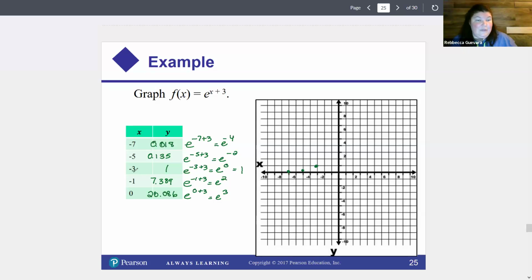Then -1 is going to be about 7 1/3. Then 0 is going to be way up here, so like double this, 20 and something. It's really hard to scale this sometimes. So it's going to look something like that.